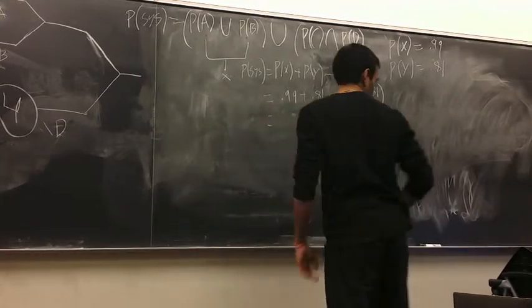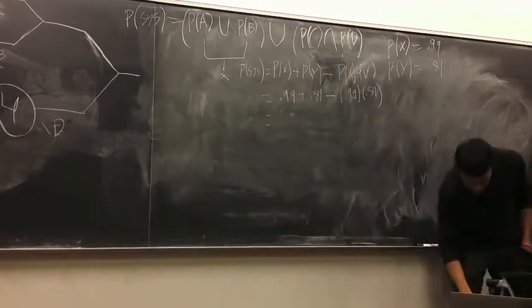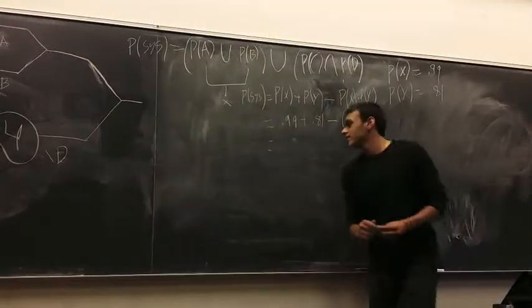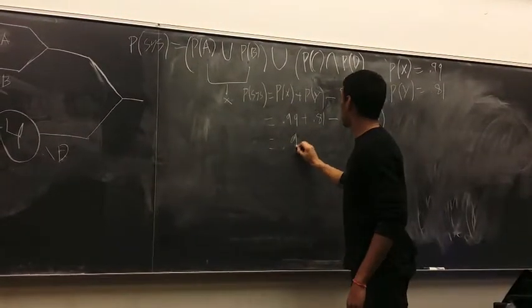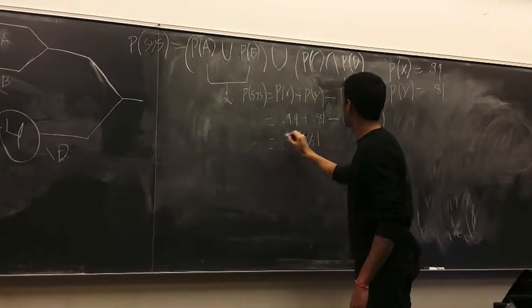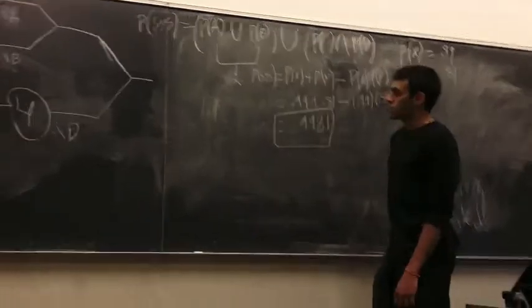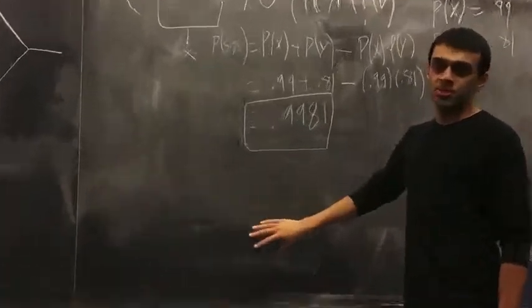And after doing some calculations with your calculator, you're going to get the final probability to be 0.9981. And that is your final answer. All problems similar to this can be solved just like this.